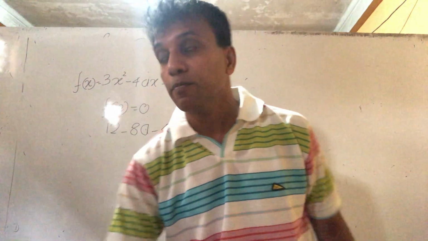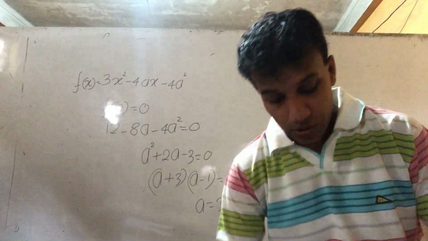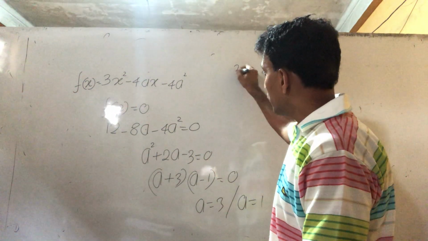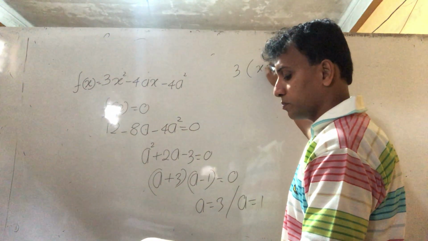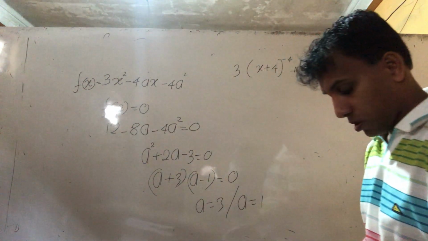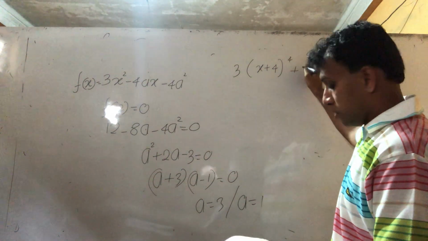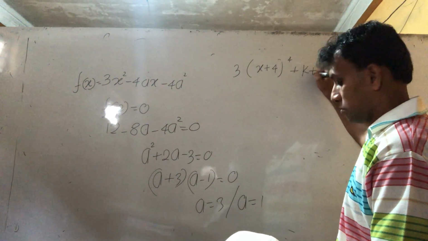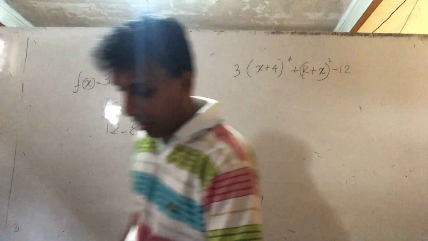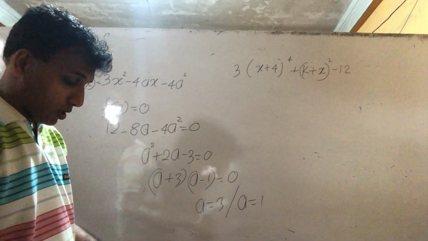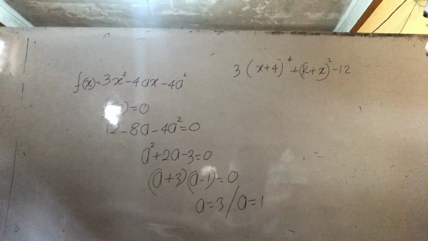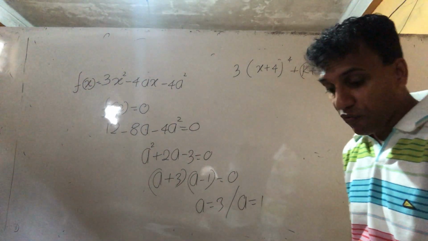See question number 16. Find the value of k if 3 into x plus 4 to the power 4 plus k plus x square minus 12 has a factor x plus 2.